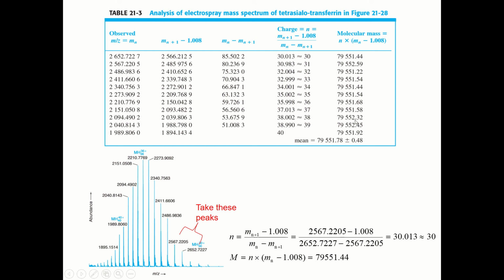The mean value is 79,551.78. Wow. This means that no matter what peaks you take, you get almost identical molecular mass. So this is a very powerful technique. Electrospray of protein is a very powerful technique to get the protein's molecular weight.